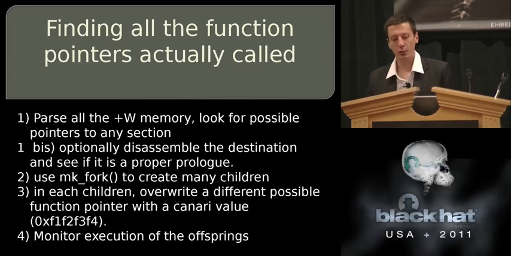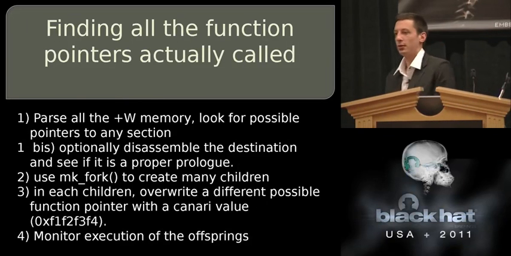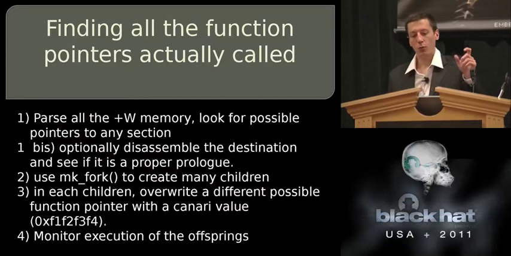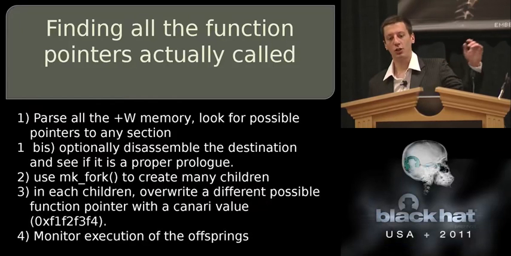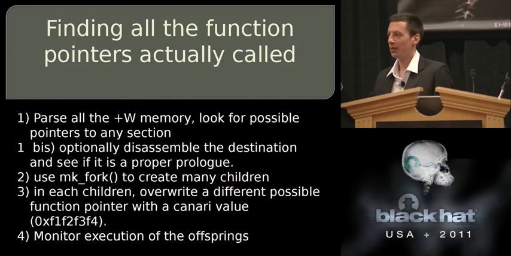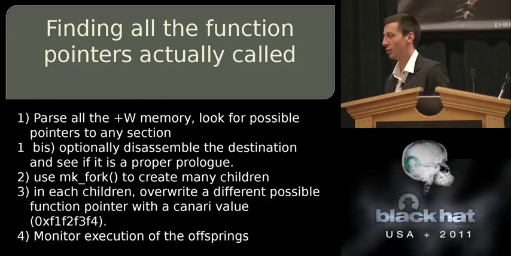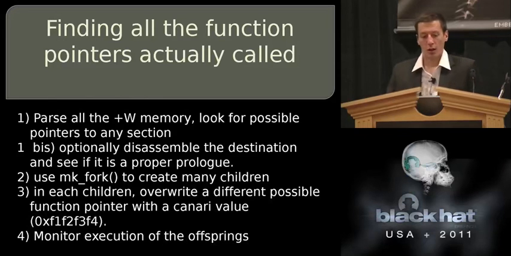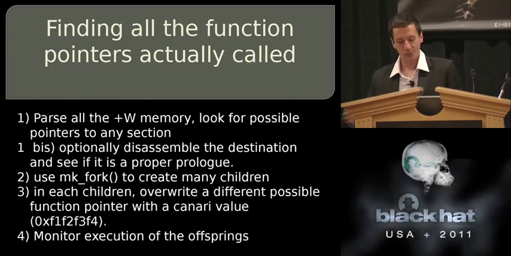Okay, so to do that, say we want to find all the function pointers. We check all the writable memory locations. We look if sequences of 4 bytes are actually pointing to another section. If they do, we can optionally try to disassemble the destination location, right? It has to be executable, otherwise it's not a function pointer. And then we use the mkfork thing to create zillions of children.